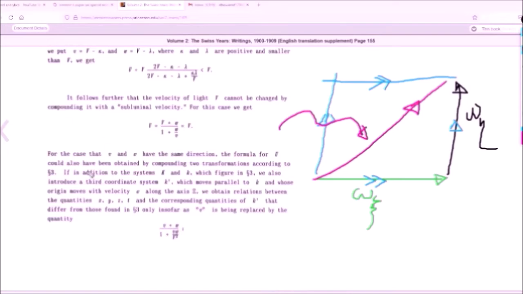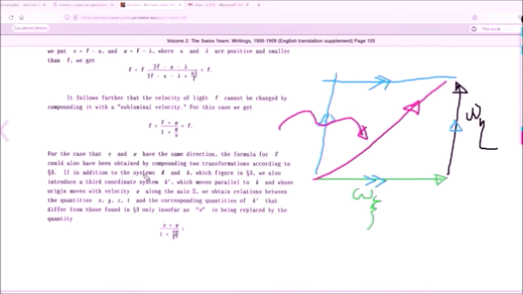V is the velocity along the x-axis, W is the velocity along the y-axis, that is, in the rest frame, corresponding to those in the moving frame, having the same directions.